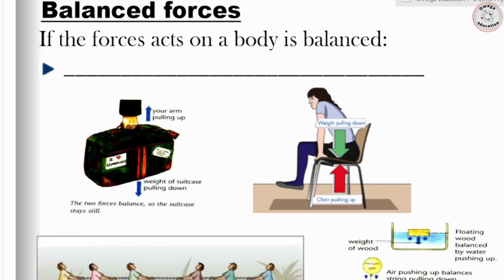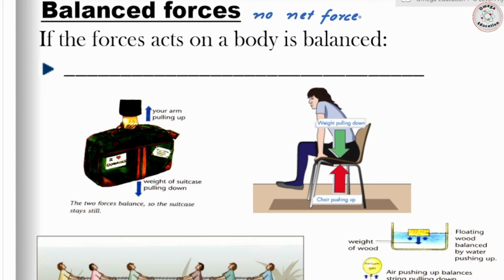The next thing that we have is the balanced forces and the unbalanced forces. Balanced forces means no net force. And if the object is balanced, the object might be in two possible states.